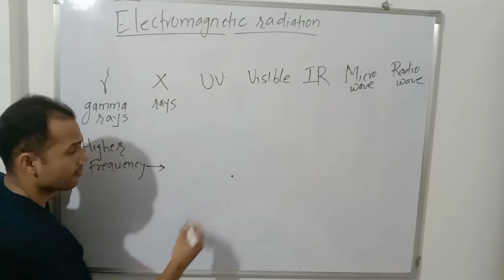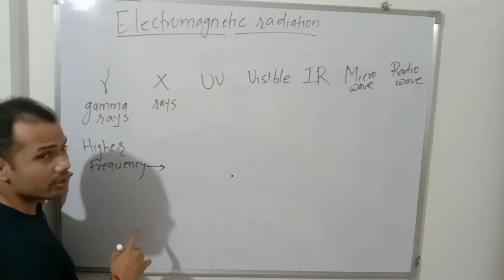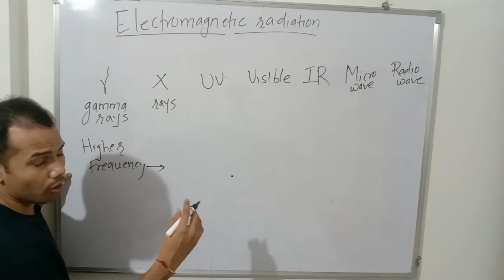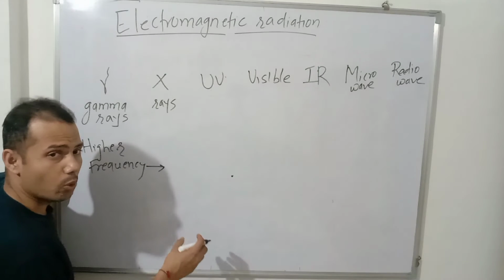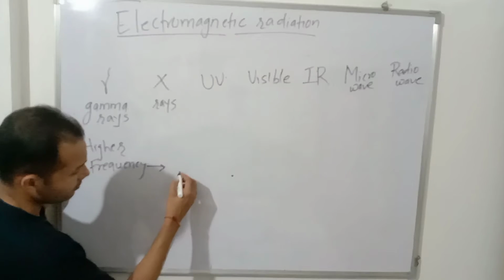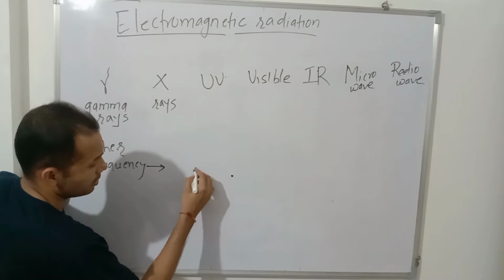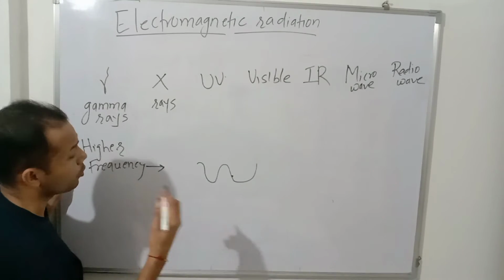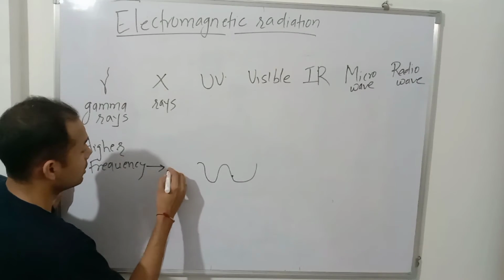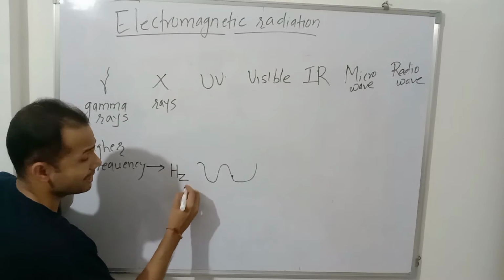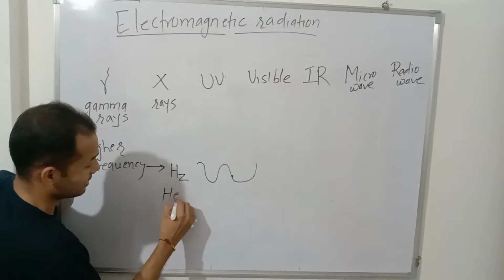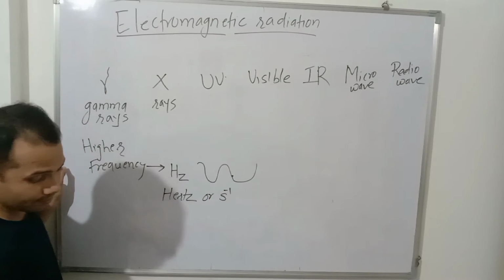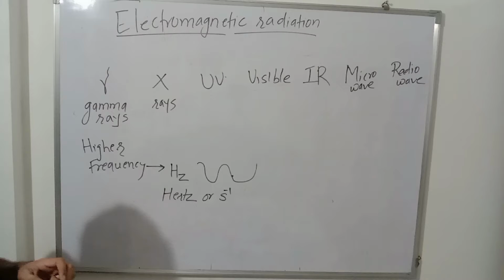For example, if there is a point, the number of waves passing through this point in 1 second is called frequency. Its unit is hertz, or per second.